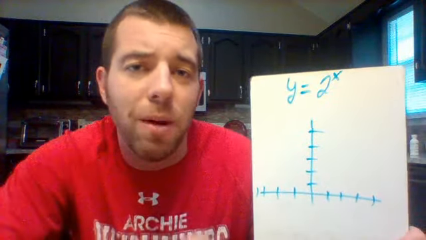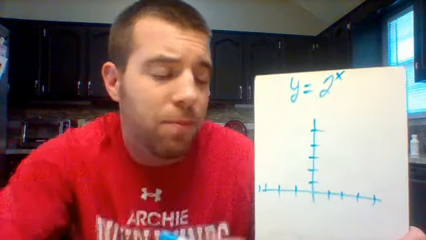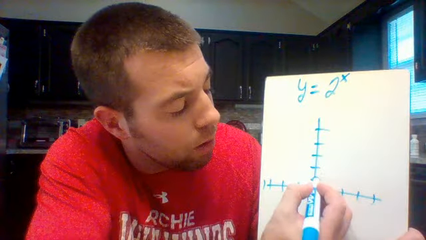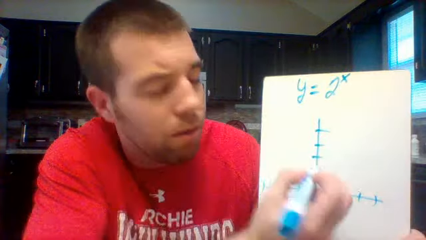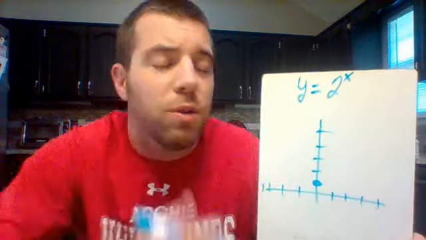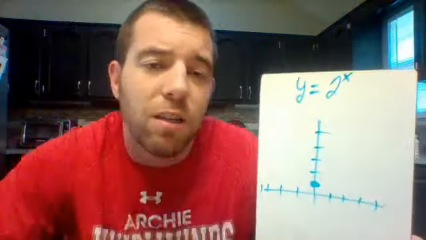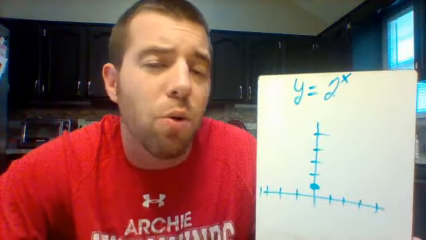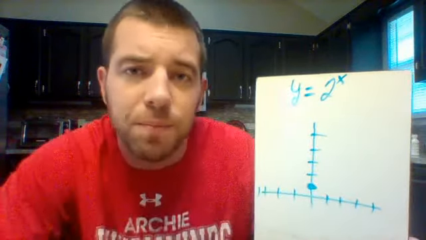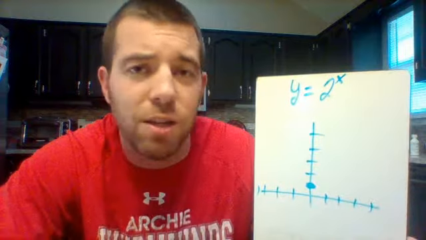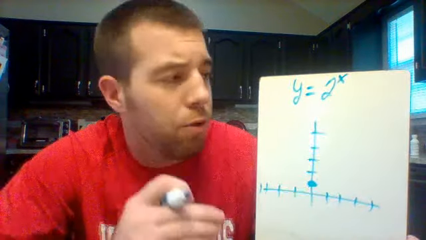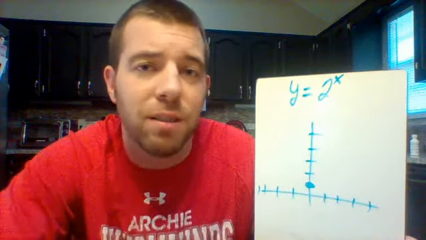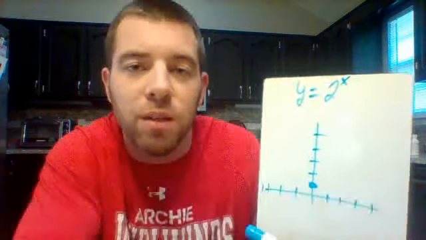However, all my graphs before h and k are going to go through (0, 1). Right? The reason behind that is, notice, if x is 0, the only answer I can get is 1. Okay? Remember, anything raised to 0, 1/2, 2, 5, 3,000. Anything raised to 0 will be 1. So that's where I'm at.